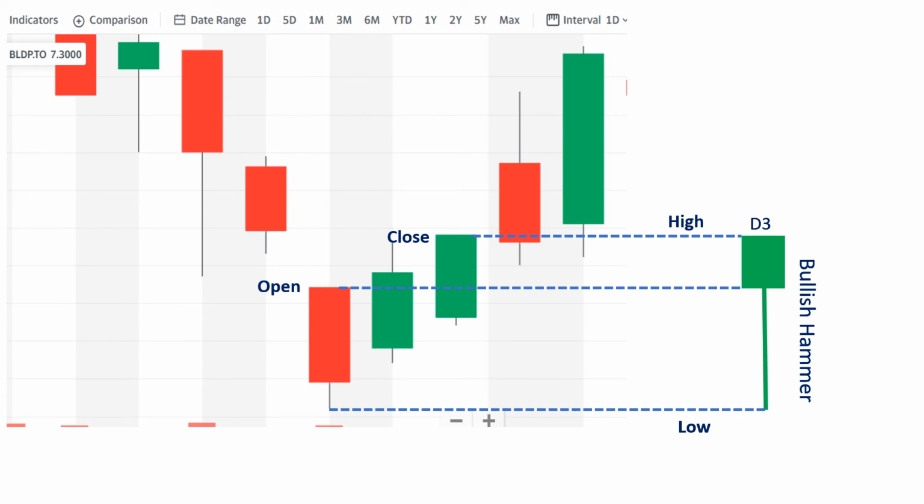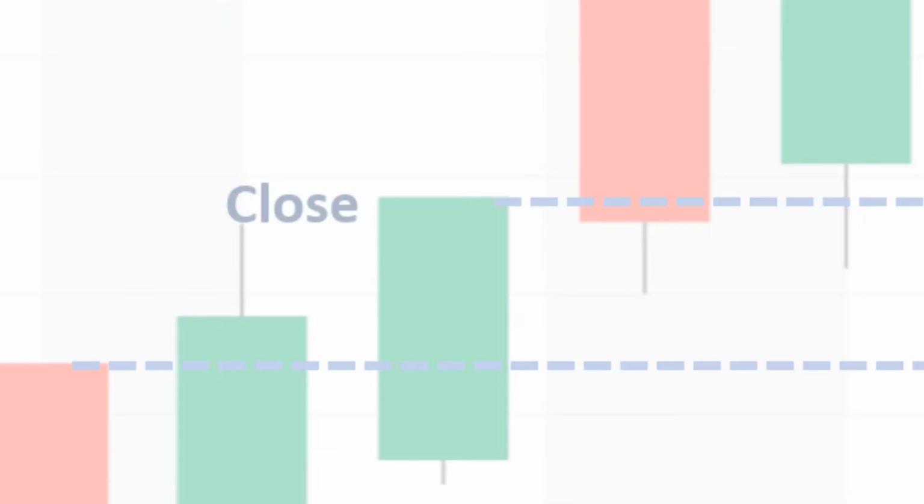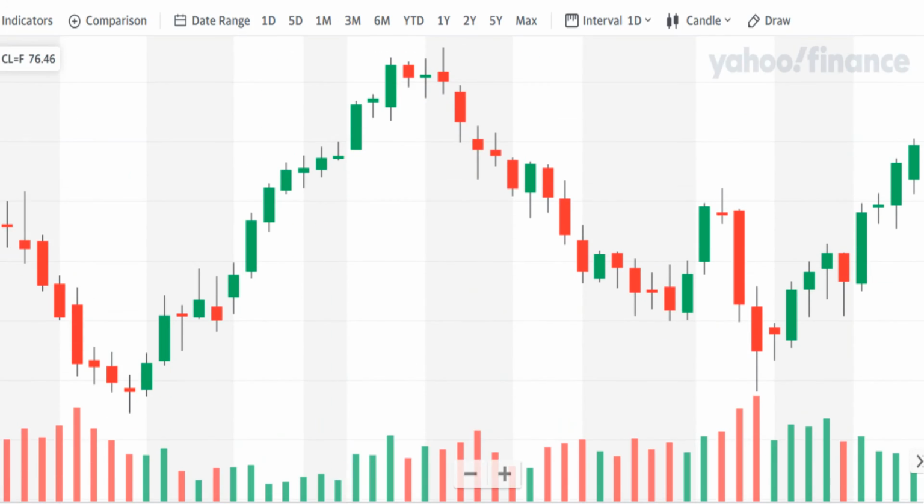Let's have more examples. This is crude oil stock on a daily time frame, and we have identified these three significant entry points for trading.